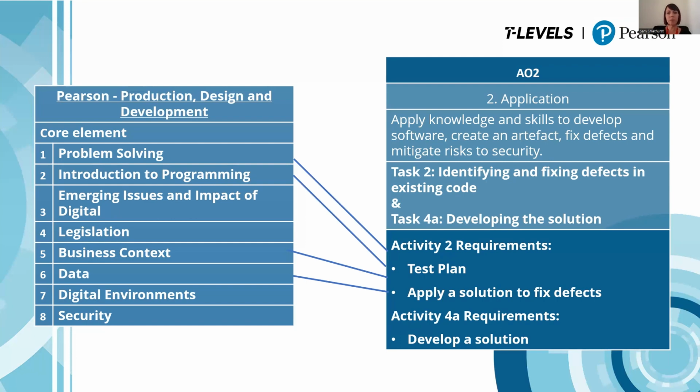So if we look at the core content here, 1, problem solving, that allows them to decompose problems, use abstraction to identify information that is needed. Core content 2, introduction to programming, pretty much all of it really, but to pull some examples, understand the use of and need for data, declare and use constant variables, write, interpret, debug code, the need for different types of input validation, and understand the use of testing.